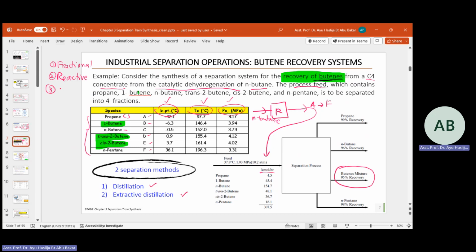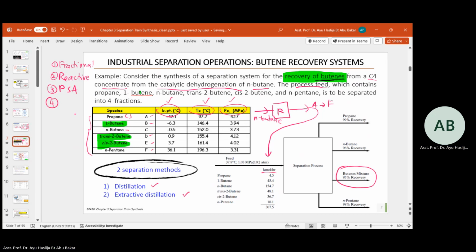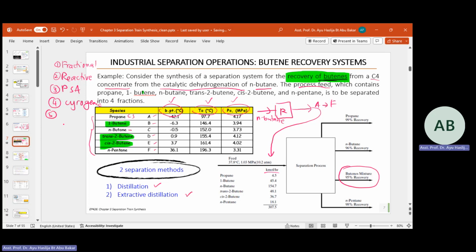If you read through, it is one type of distillation as well. Other than that, cryogenic. Other than that, what else?